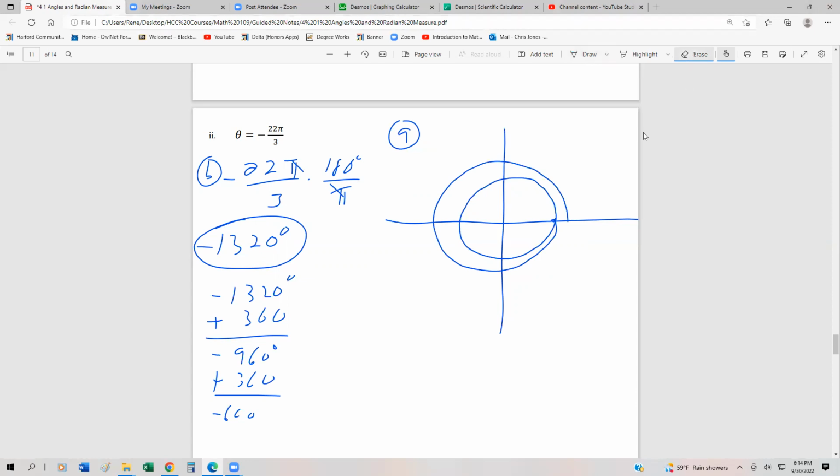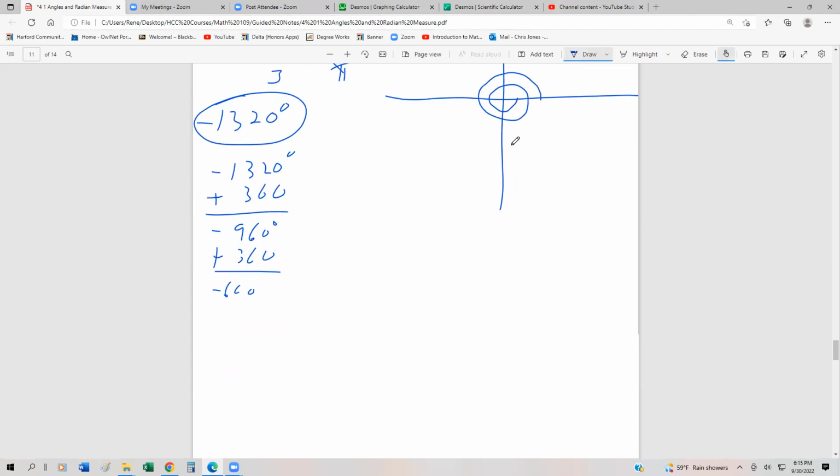Actually, let me draw a better representation of this, maybe a little closer to the axis. So this is once, this is twice. We're going to add another 360 to that, and if we do so, that's going to give us negative 240 degrees left over.